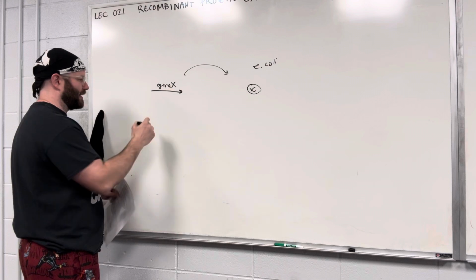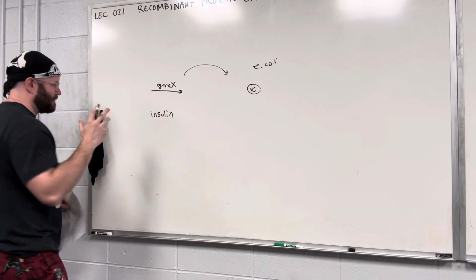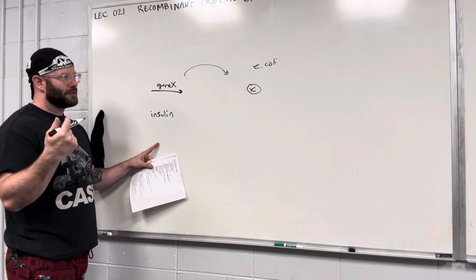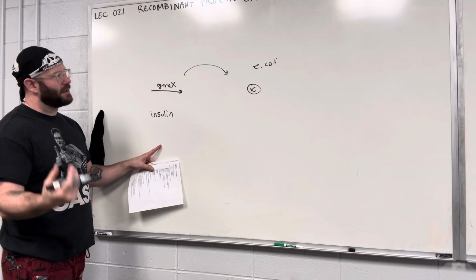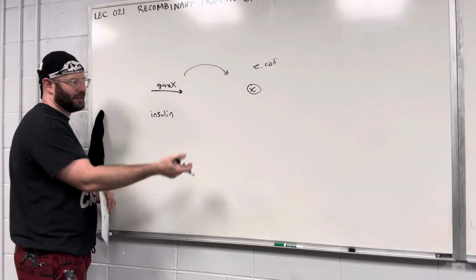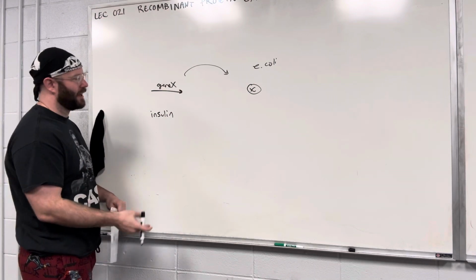One of these, for example, is insulin. Many medicines that are proteins are created in this manner. So with insulin, you might take the insulin gene, clone it into an E. coli expression vector, and actually produce insulin that you could give to people as medicine.